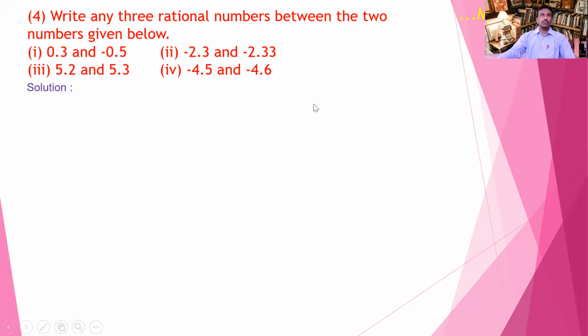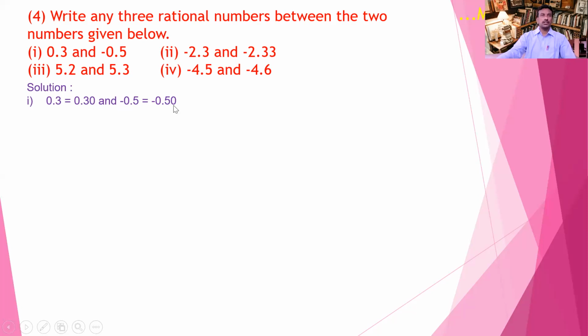Now, the solution for this. First we will see 0.3 and minus 0.5. Now 0.3 means 0.30, and minus 0.5 will become minus 0.50. We take 2 digits after the decimal point.